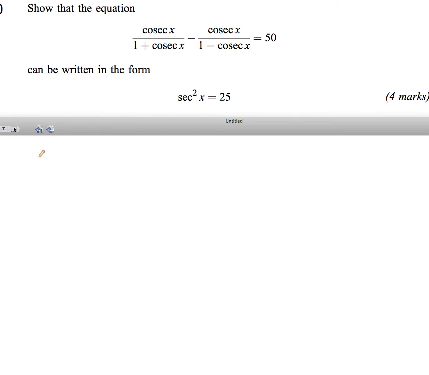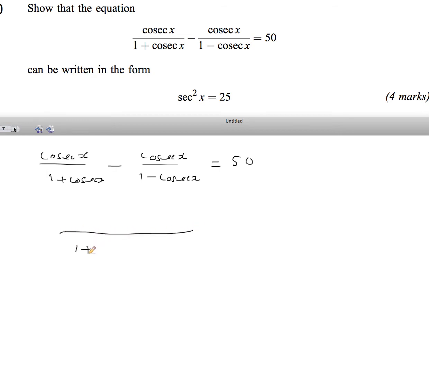So we've got cosec x over 1 plus cosec x, so I'm going to put it all over 1 plus cosec x, 1 minus cosec x.